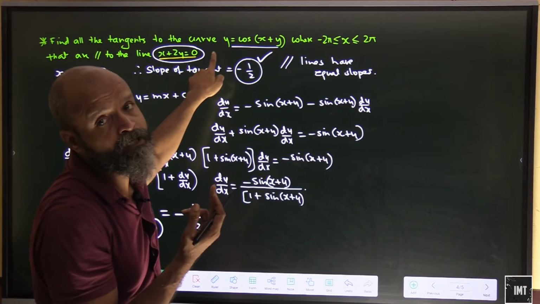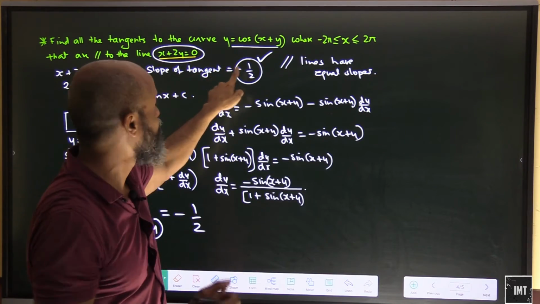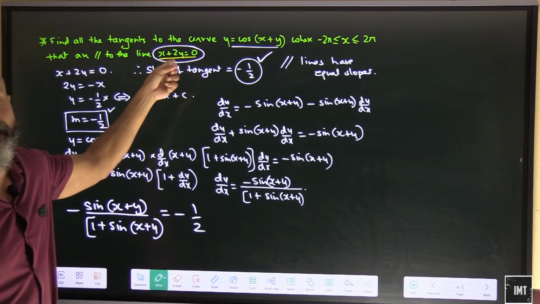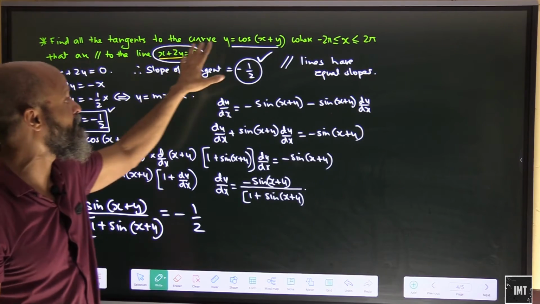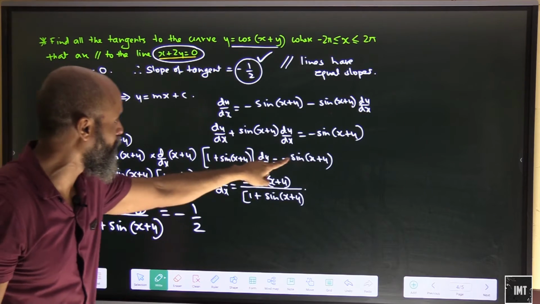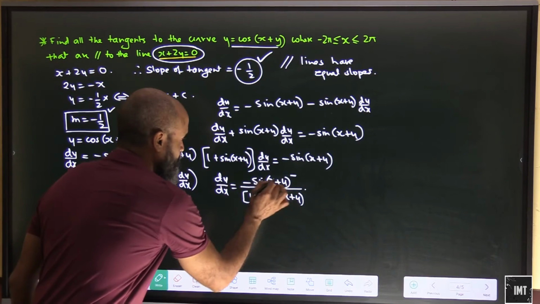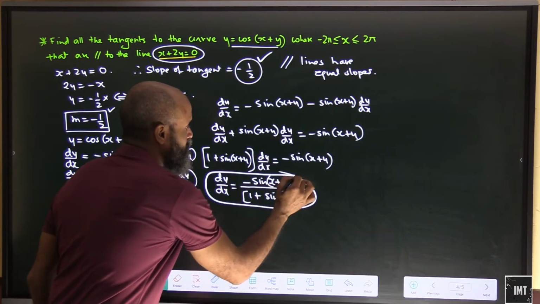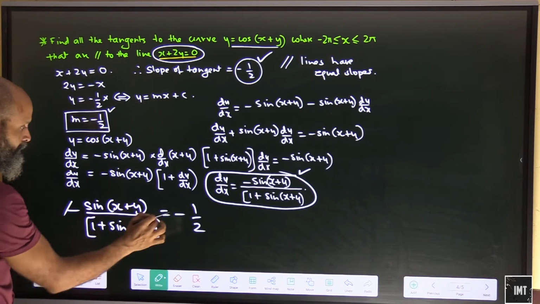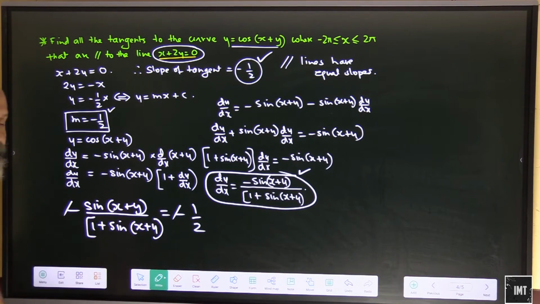So whatever slope this line has, the tangent will have the same slope. As per the calculation of dy by dx of this curve, the tangent has a slope of this one, so this slope and this slope should be equal. If we equalize these two, minus and minus get cancelled.